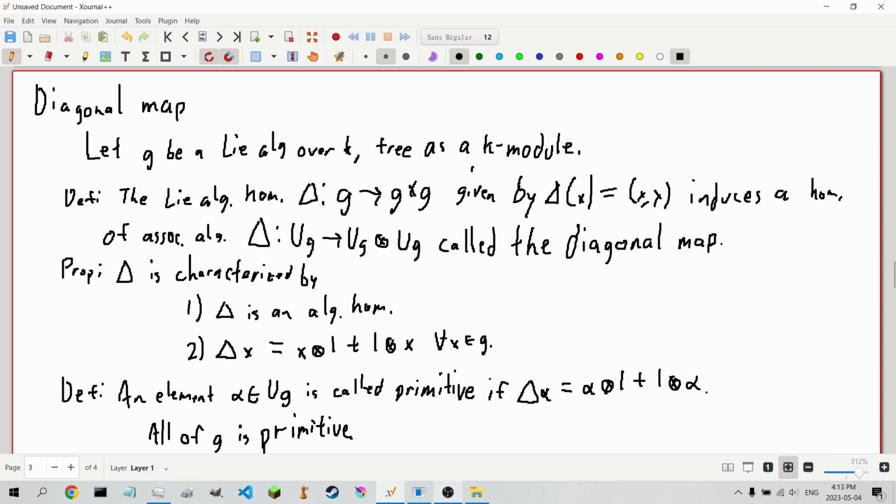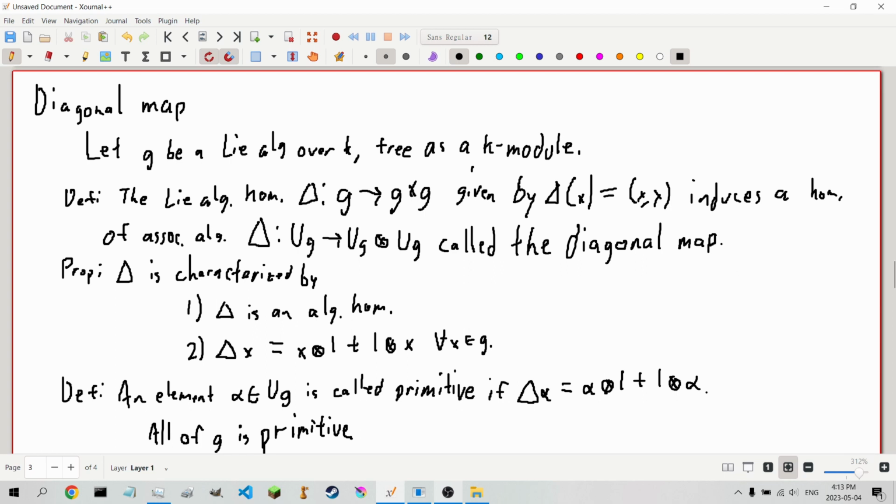Thankfully, we just have one more sub-chapter to cover, and that's going to be this video. That subchapter is a discussion of the diagonal map. I don't know what that is, so probably this one's going to be useful.